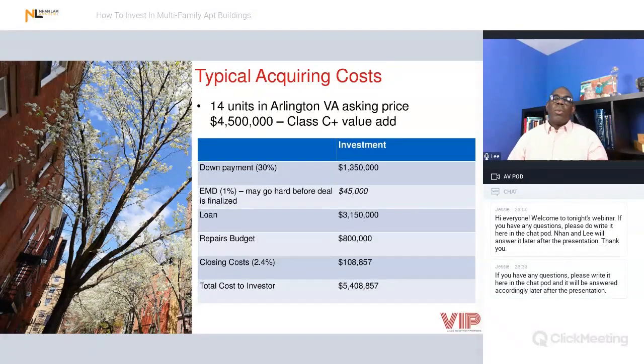Right. So when you're looking at a typical deal, we started looking at an asset that was in Arlington, Virginia. And it was 14 units, and it was a Class C value add opportunity. As I mentioned earlier, there are Class A's, which are opportunistic opportunities, usually very young assets built in 2019, 2020.